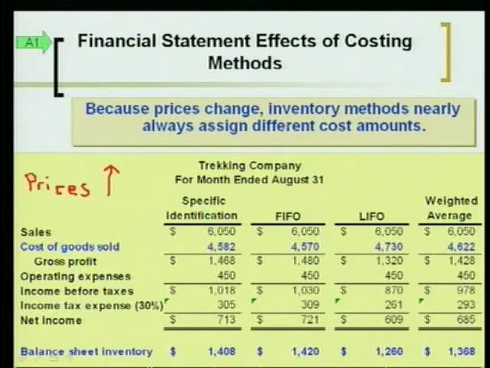Now, it should make sense that the highest tax amount is FIFO, which is the exact opposite of LIFO, correct? And it should make sense that the numbers for weighted average are right in between FIFO and LIFO, shouldn't it? Weighted average kind of smooths things out, okay? You with me?